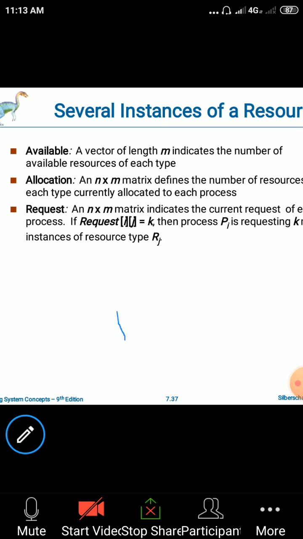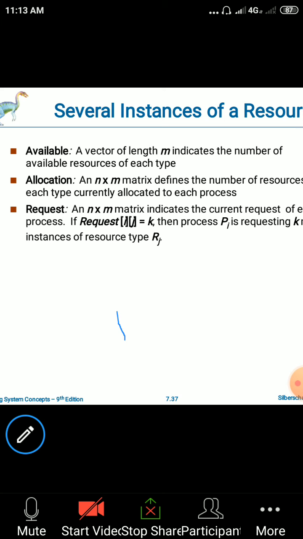In the same way here also we are using three data structures: available, allocation, and request. All of you know what available, allocation, and request are, right? Available means the total available resources, and it is represented by a vector of length m, and it indicates the number of available resources of each type.